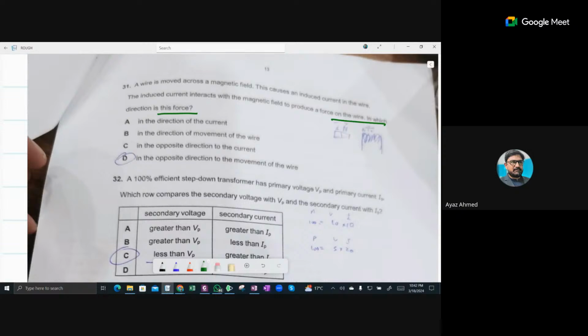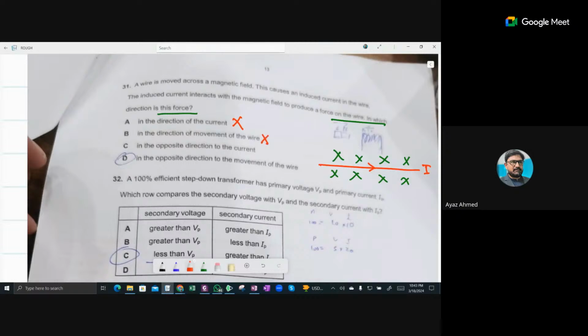Let's say this is the magnetic field, and a wire is moved across it. Is the force in the direction of the current? No. In the direction of motion of the wire?